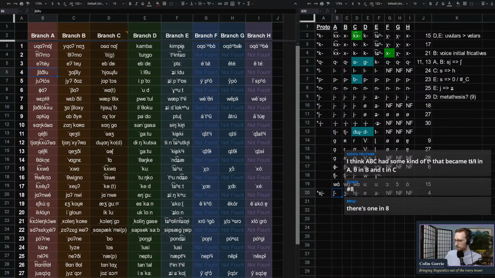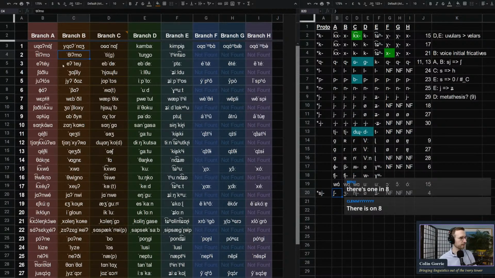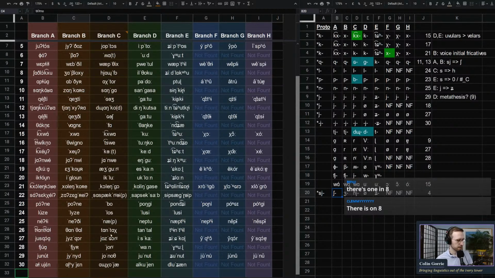Okay, so no word initial T in B. Interesting. So we have this interesting correspondence, which I think that chat has got to. Yeah, Moontoother is saying we're jumping around all over the map here, but I think this is how we're going to solve this.